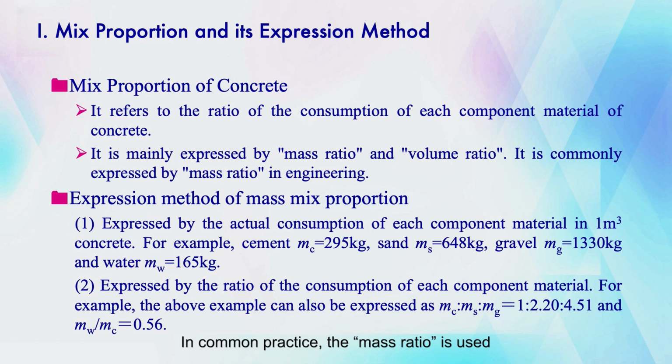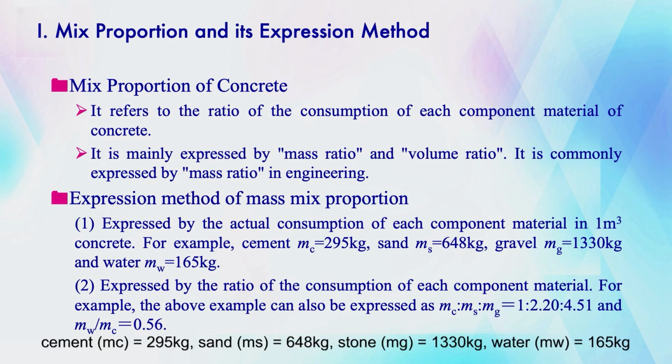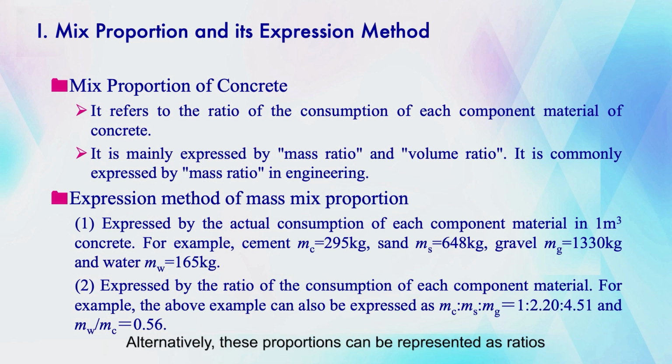In common practice, the mass ratio is used, which entails specifying the actual amounts of each component material in 1 cubic meter of concrete. For instance, cement is equal to 295 kilograms, sand is equal to 648 kilograms, stone is equal to 1,330 kilograms, water is equal to 165 kilograms.